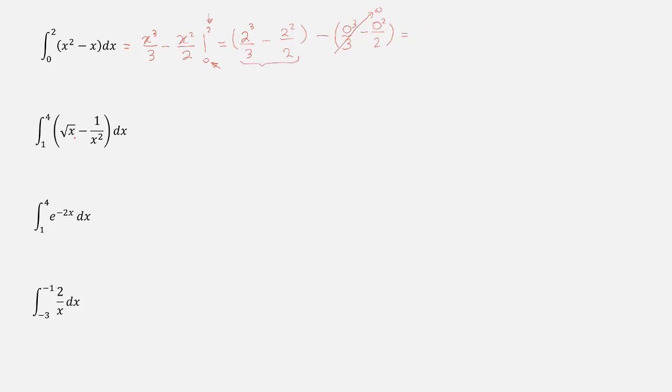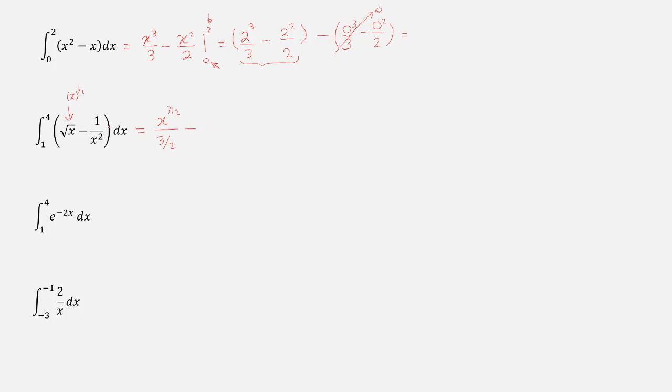Next, we have the integral from 1 to 4 of the square root of x minus 1 over x squared. First, we apply the power rule for the fractional power, where x is raised to one half, so we get x raised to 3 over 2 over 3 over 2.